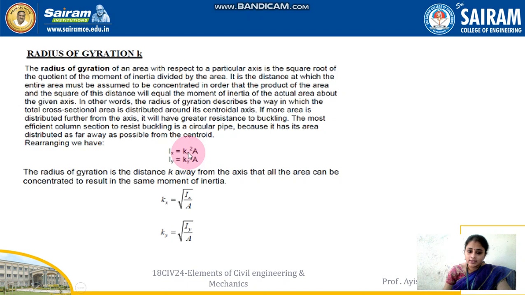If we take the distance as kx, you get moment of inertia Ix equal to A into kx square, and for y, Iy is equal to A into ky square. If you just resolve it, you will get this kx and ky.